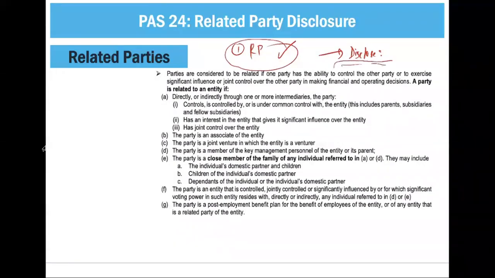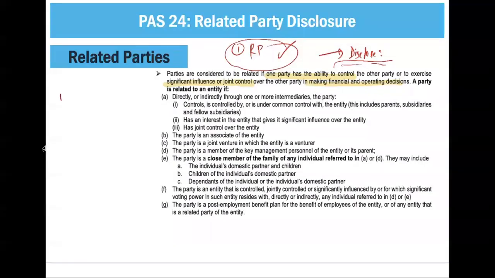Next, what should we disclose? So first, let's define what is a related party. Related parties are considered to be related if one party has the ability to control the other party or to exercise significant influence or joint control over the other party in making financial and operating decisions.